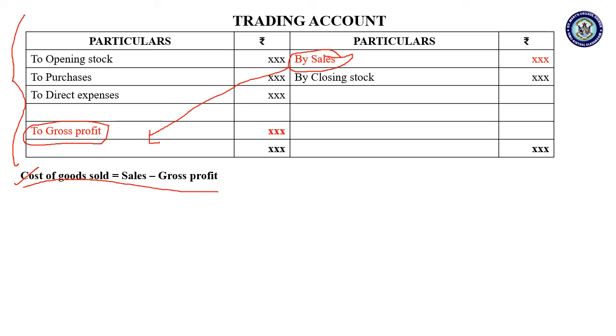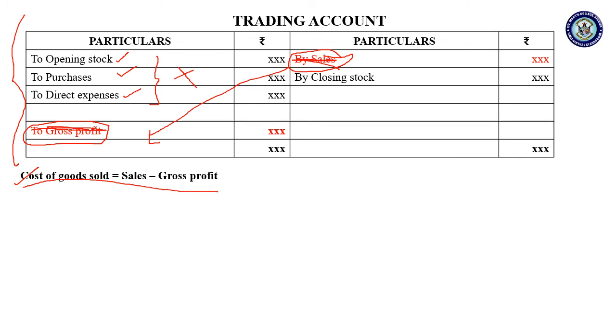What is the second formula? Ignore the gross profit and sales. What is left with you? Opening stock, purchases and direct expenses. You have to add these three things because all are expenses.